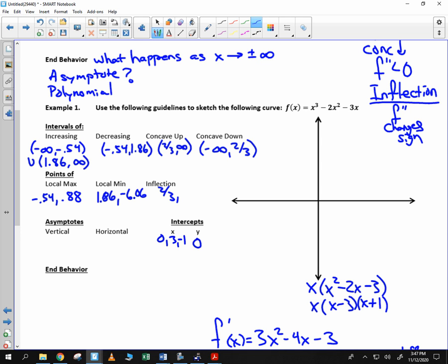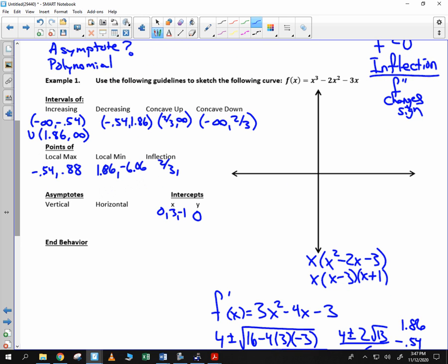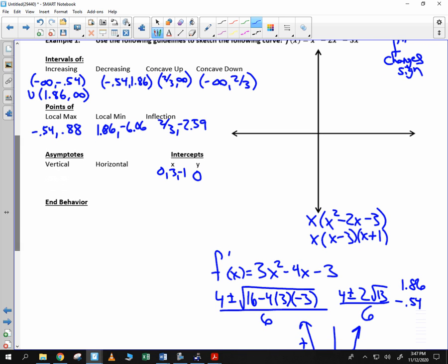We go ahead and take our calculator and we plug in 2/3, or 0.666 repeating, and we get negative 2.59. This is not a rational function, it's a polynomial, so it does not have asymptotes.